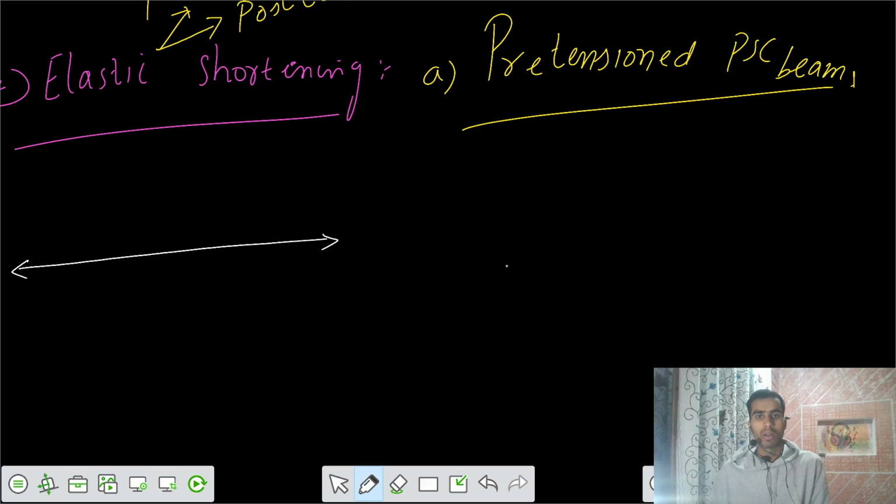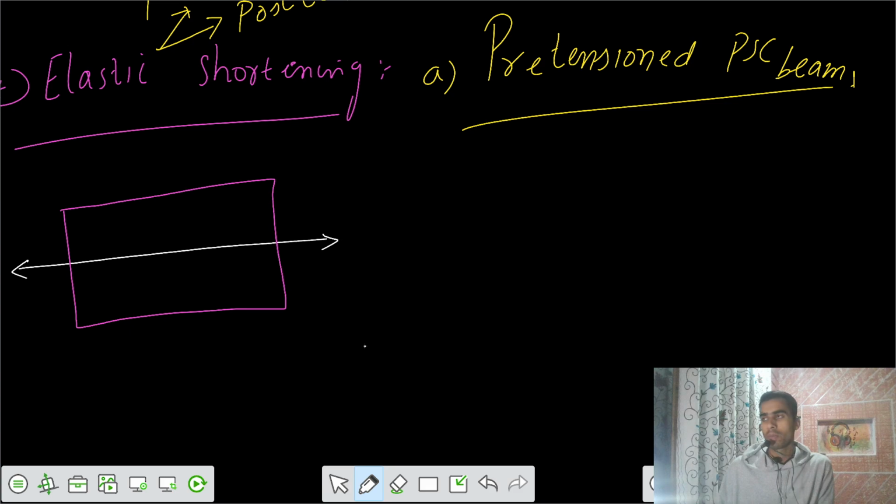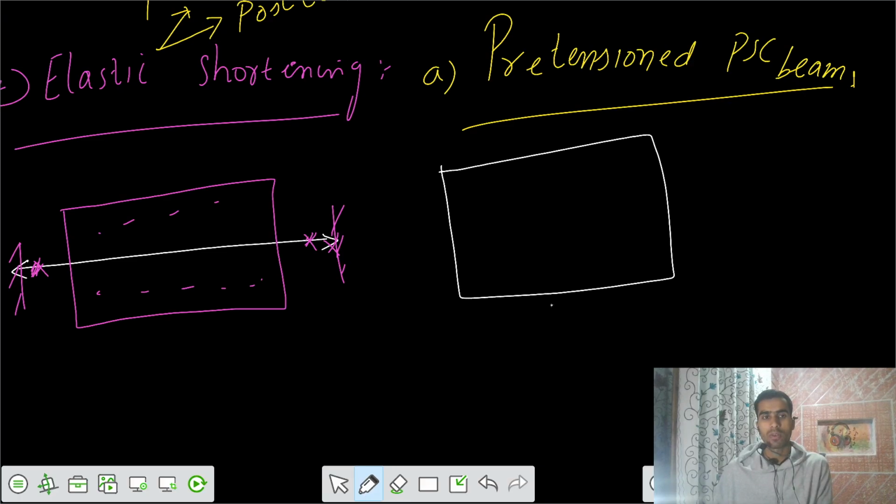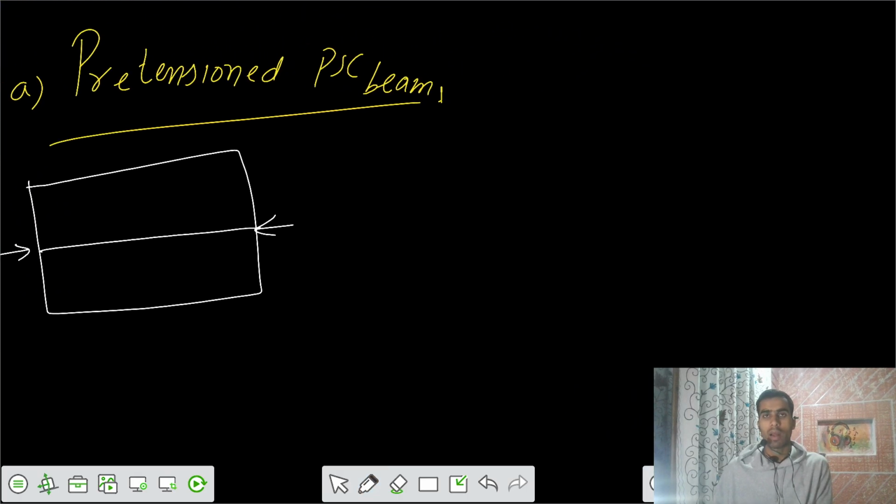After that we have the concrete. Let's say this was anchored, and when we cut the bar, it applies a compressive force on the concrete. Because of this compressive force on the concrete, what's going to happen?